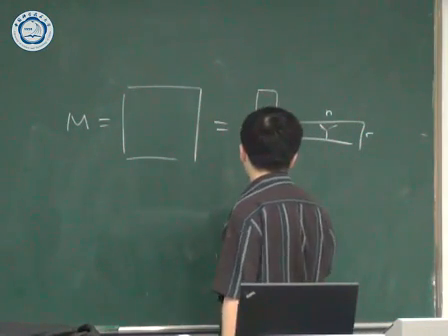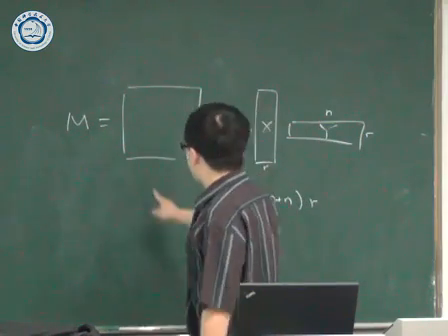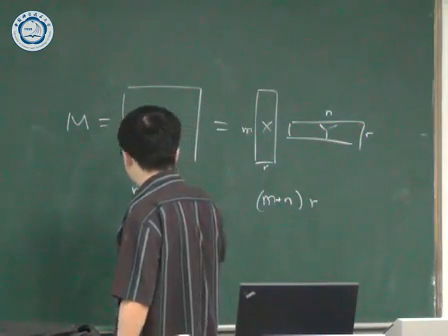So the number of entries here is (M plus N) times R, right? And here it is M times N.